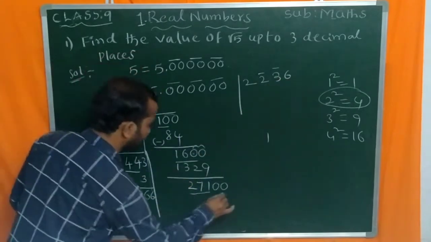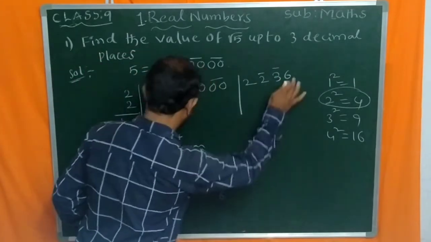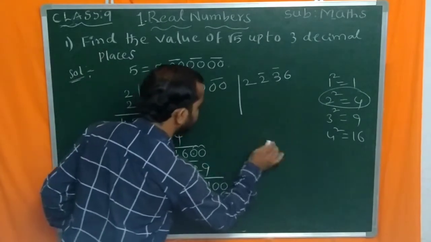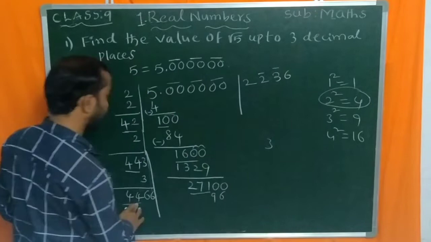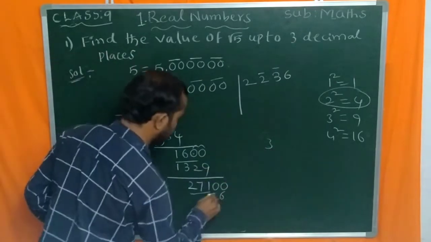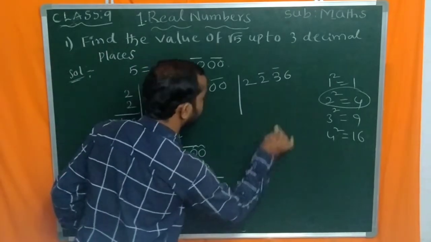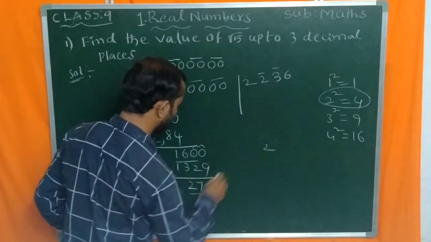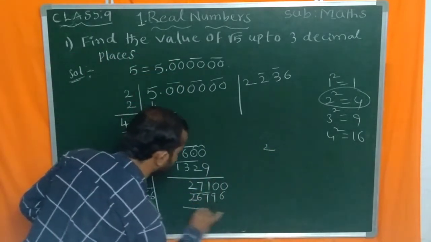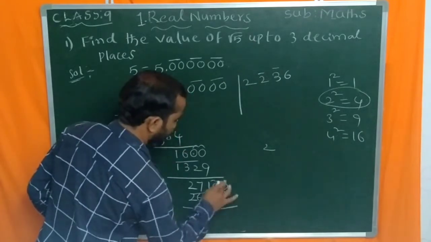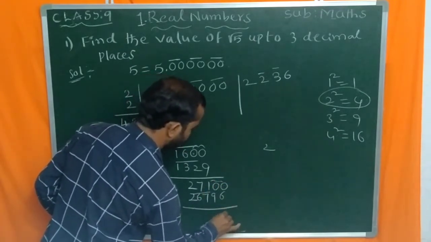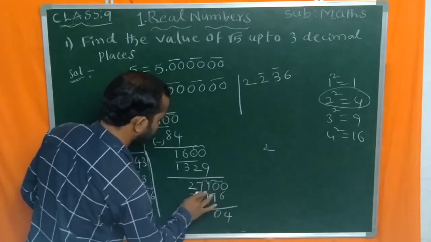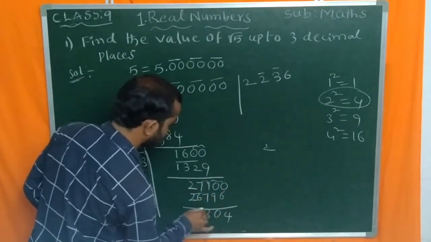So the nearest number is 6. 6 6s are 36, plus 3 is 39. 6 4s are 24 plus 3 is 27. 6 4s are 24 plus 2 is 26. 10 minus 6 is 4, 9 minus 9 is 0. Next, 10 minus 7 is 3.